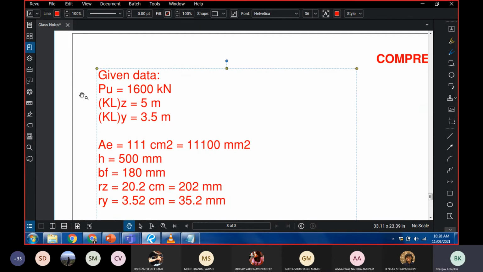Okay, so now the question is, why do we have two effective lengths?